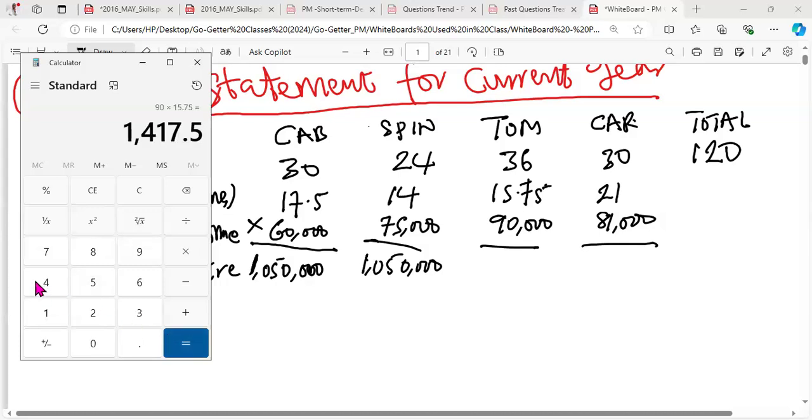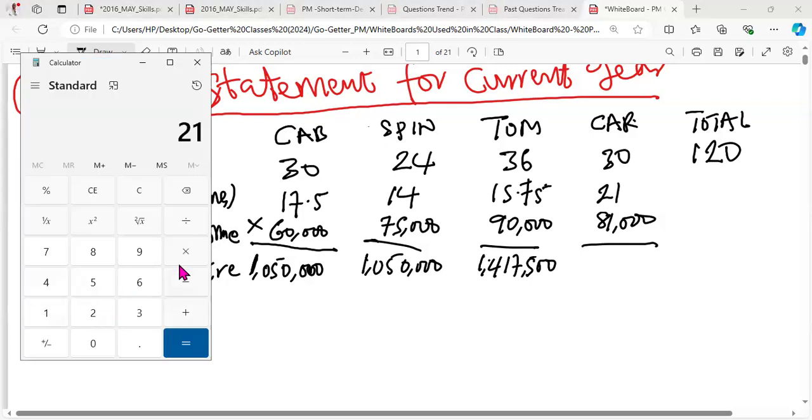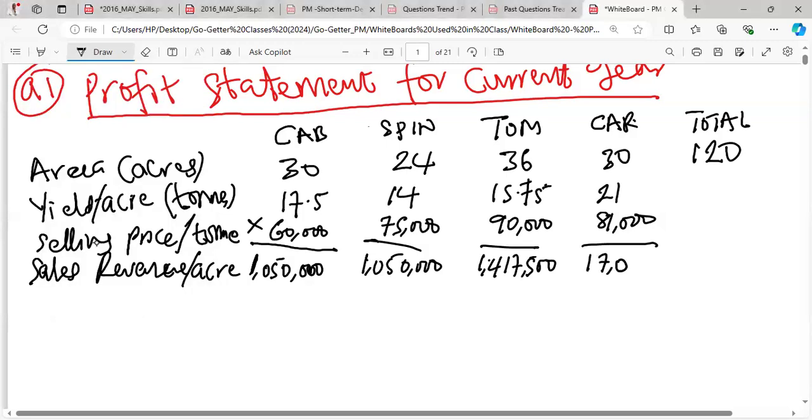That gives me 1,417,500. Then the last one here, 21 multiplied by 81. That gives me 1701.